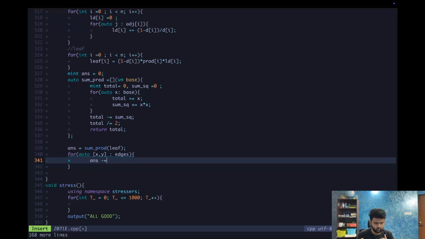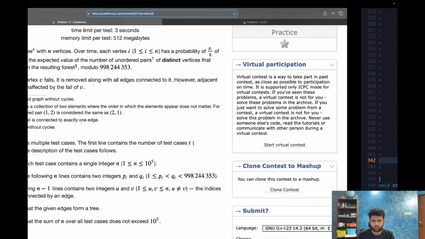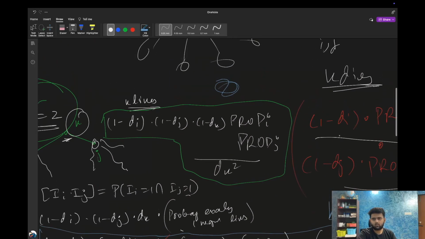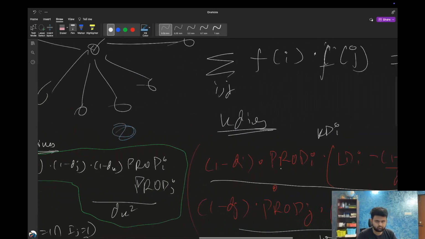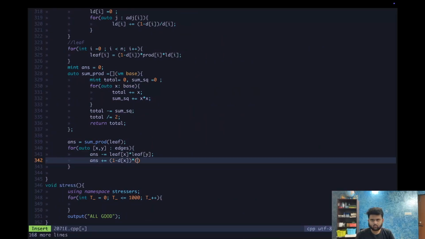We'll remove the wrongly calculated term, which is the probability of leaf x times leaf y, and we would add the actual probability which we calculated to be here: probability x lives, probability y lives, times prod i times prod j divided by di times dj.